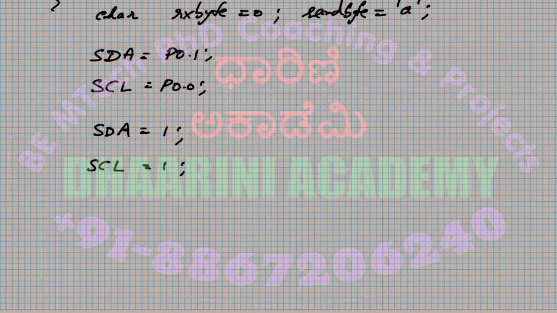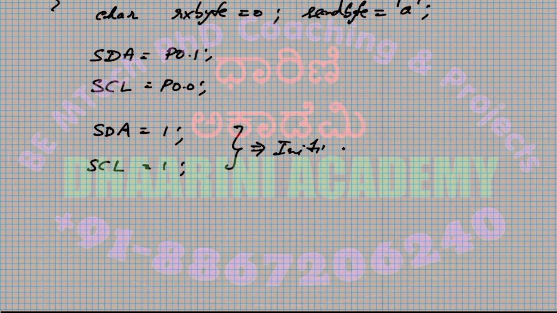I'll just write here, this part is the initialization. There is a difference between initialization and the starting of the process. Right now we have not done the start function, we are simply initializing. But where is the start?